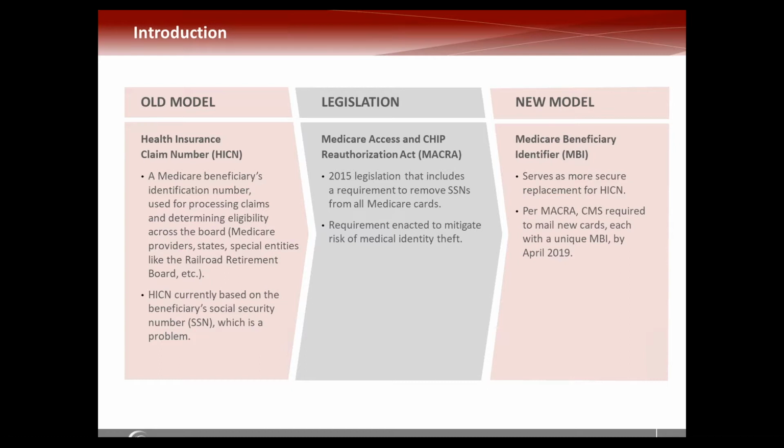So replacing the HICN is the new Medicare Beneficiary Identifier, or MBI. MBI serves as a more secure replacement for the HICN, and per MACRA, CMS is required to mail new cards, each with a unique MBI, by April 2019.